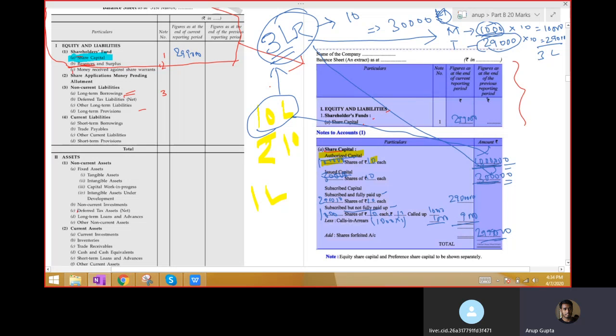Another shareholder who holds 29,000 shares paid the full amount, and he belongs to the subscribed and fully paid up category. We put the amount and get the total, and this amount will finally go in the current year account. Hope this is clear. If you have any questions, you can ask me.